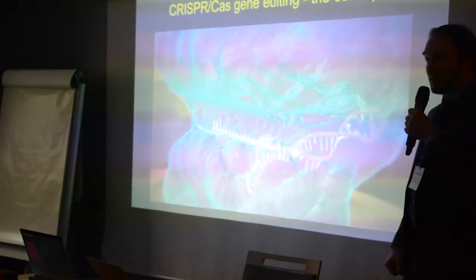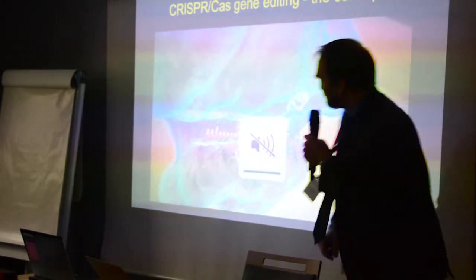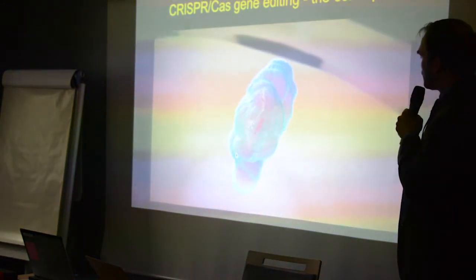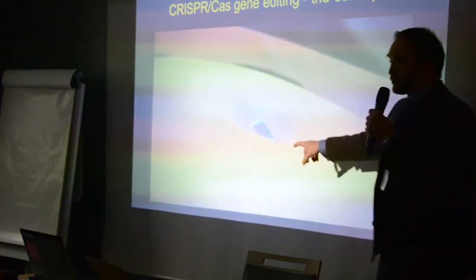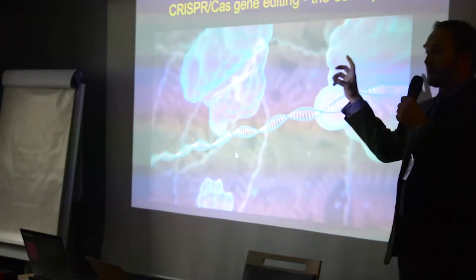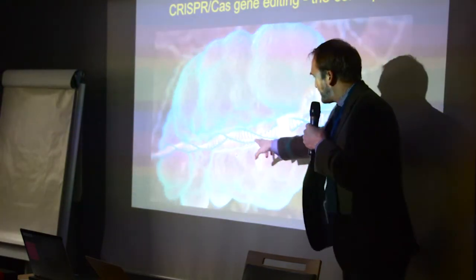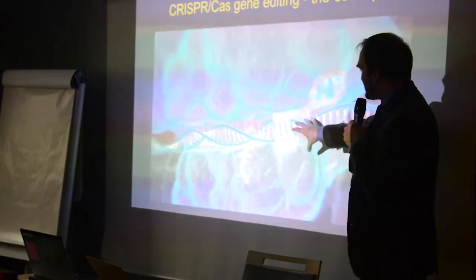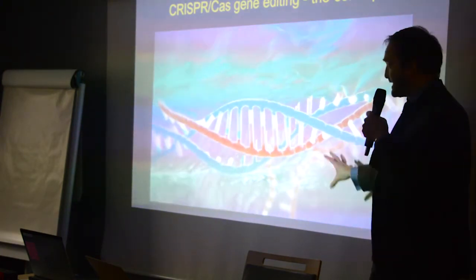So now people realized that, hey, wait a minute, we can use this for our purposes. All we need to do is figure out how to bring this guide molecule into the cell. And then if we find the right guide molecule, we can tamper with the DNA in the cell, right?